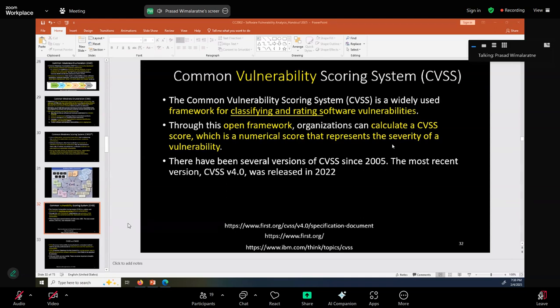So here is just another initiative. It has been there since 2005, but the latest release is actually CVSS version 4, which was released in 2022. So over decades, this has been around and has been a useful framework in this domain.